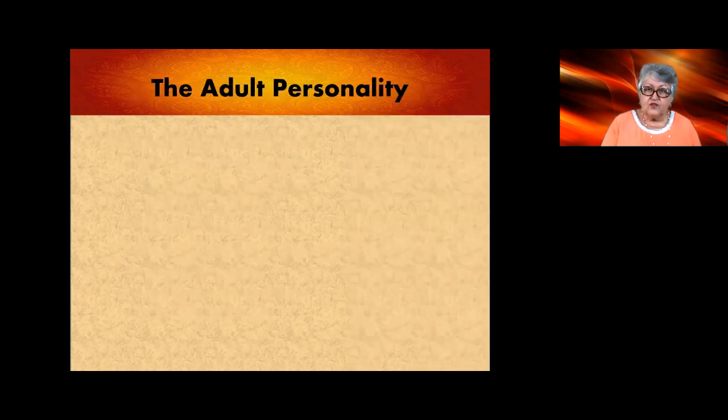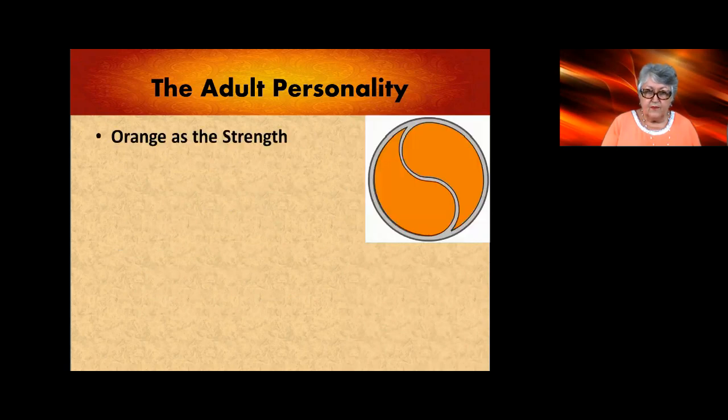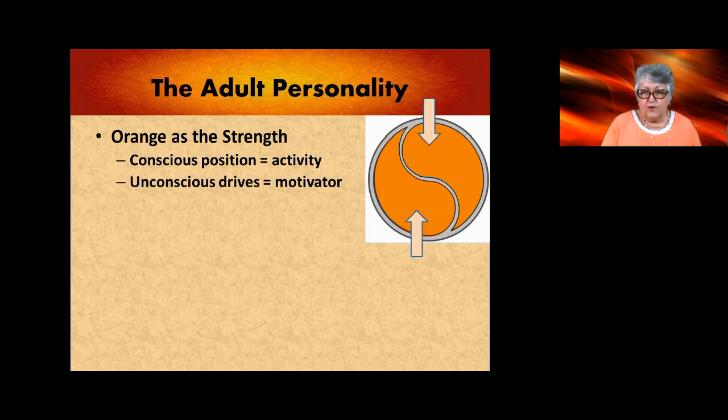And that leads us to an adult personality. Orange as a strength in the adult personality comes across in the activities of the conscious position. As well as that, we have unconscious drives, which are the motivators of whatever it is that they're doing in the real world.